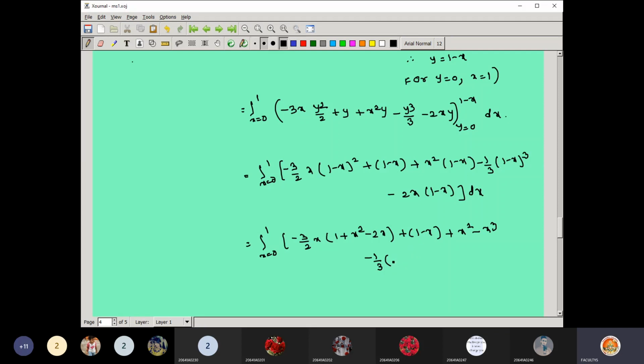So a cube means 1, and minus 3a square b, so 3x, and plus 3ab square, so 3x square, minus b cube. So it is nothing but minus x cube. I am just using the formula and making the simplification.